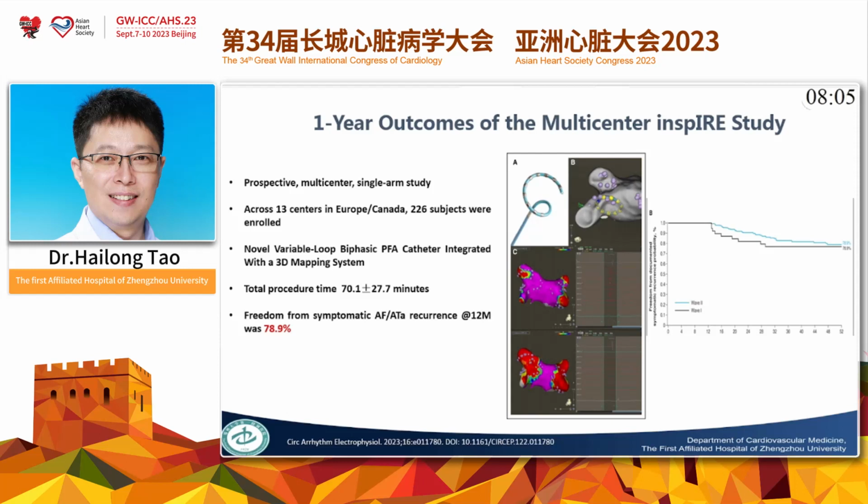So for the third clinical trial, it's the multi-center inspiRE study. It was sponsored by the Johnson & Johnson company. It's a prospective, multi-center, single-arm study across 13 centers in Europe and Canada. 200 subjects were enrolled, and a novel loop-shaped PFA catheter with a CARTO mapping system was used.